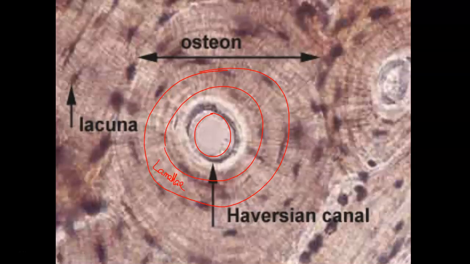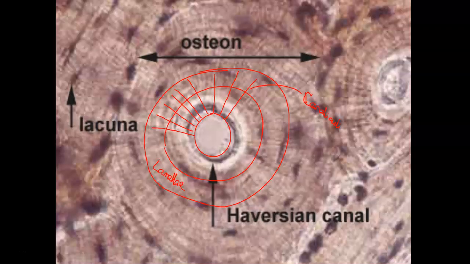And then, which is a little bit less distinct, there are these little teeny lines that will radiate, almost like the spokes on a bicycle wheel, from the Haversian canal and go through the lamella. Those radiating lines are called canaliculi.